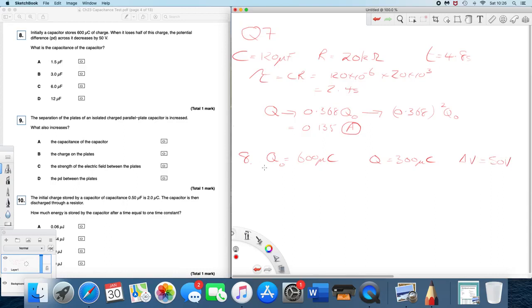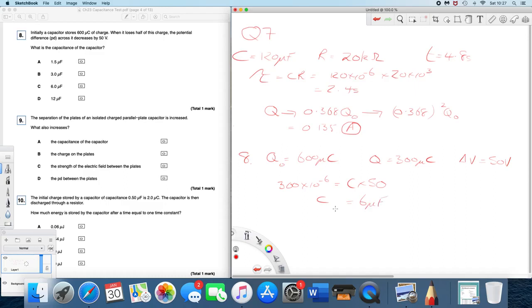What is the capacitance? Well, since Q and V are proportional, you could say that 300 times 10 to the minus 6 Q equals C times the change in PD that resulted in that change in charge. This gives you capacitance of 6 microfarads.